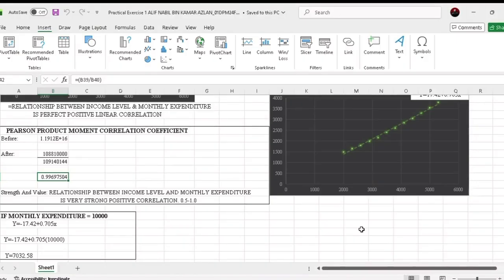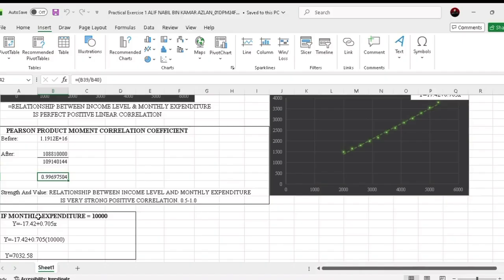For the last question to be solved, it asks us to measure the prediction of monthly expenditure for one with an income of RM 10,000. Alright, if monthly income is 10,000 ringgit, we use the same equation of y, which is y equal to negative 17.42 plus 0.705x.